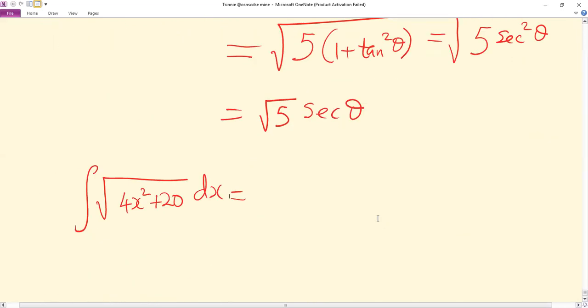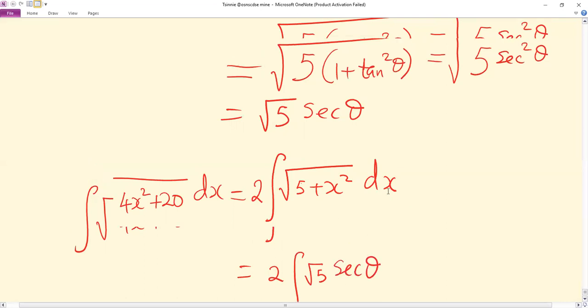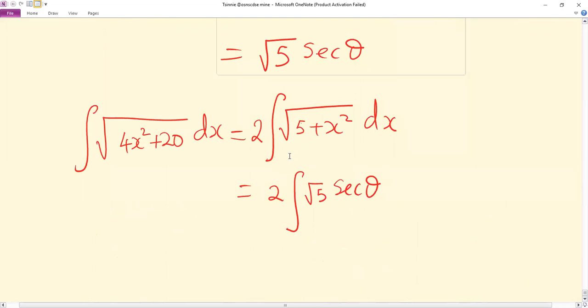So it's the same as 2 integral of the square root of 5 plus x squared dx, which will be 2 integral of root 5 multiplied by sec theta, and the dx from our calculation is root 5 sec squared theta d theta. That's what we have.